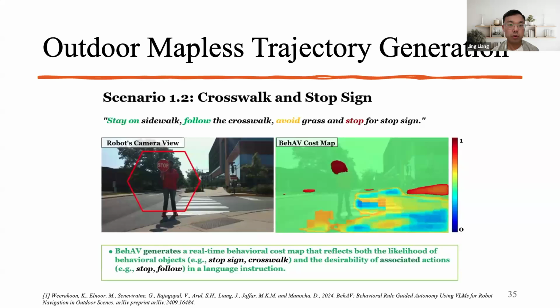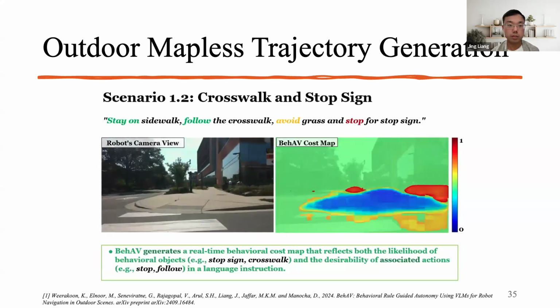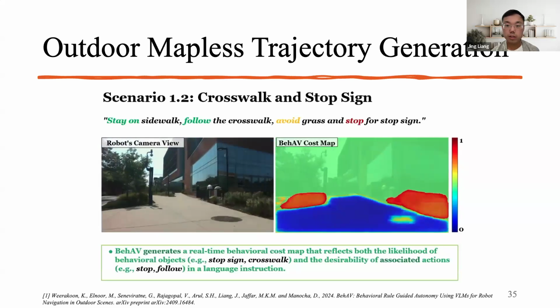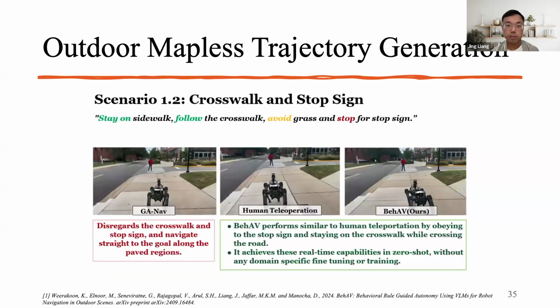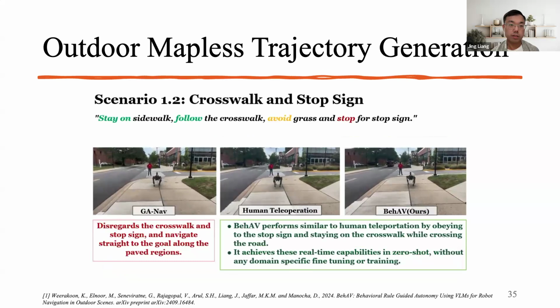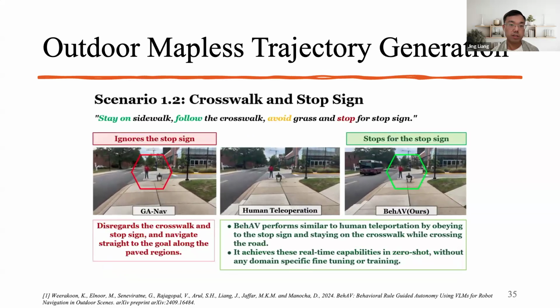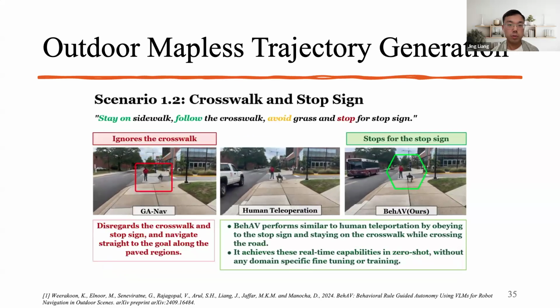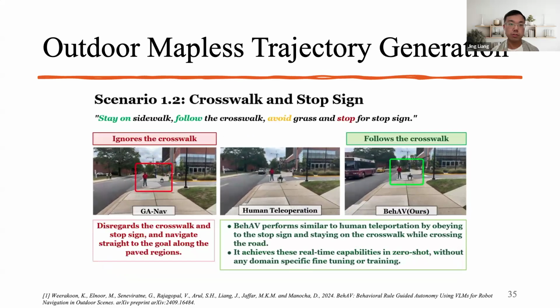This clip shows how we detect the crosswalk and correlate it to the follow action. This clip shows that the robot can also detect the stop sign and stop in front of it.